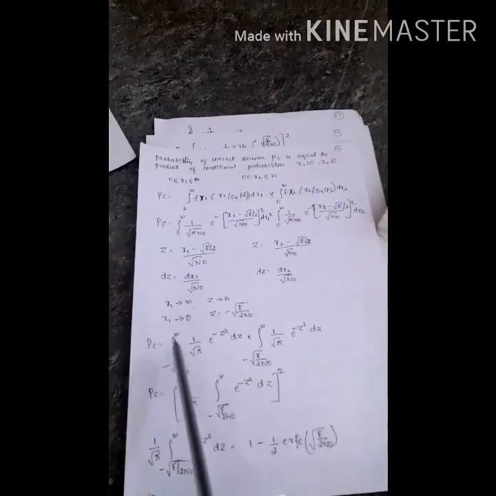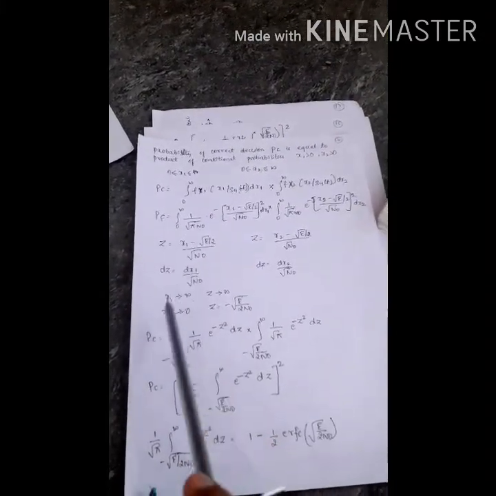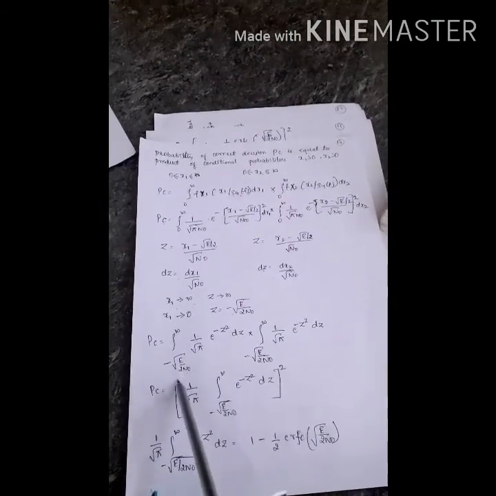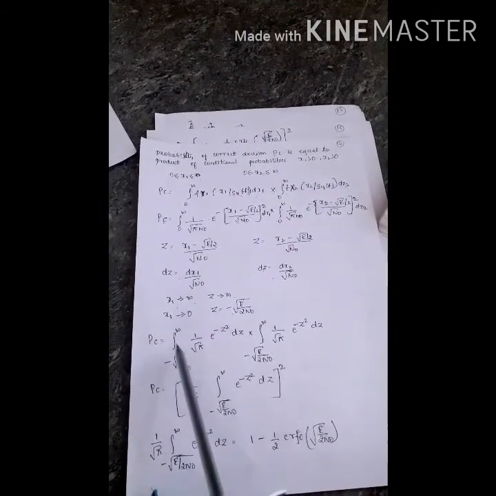In this equation the limits change from minus square root of E by 2N0 to infinity.